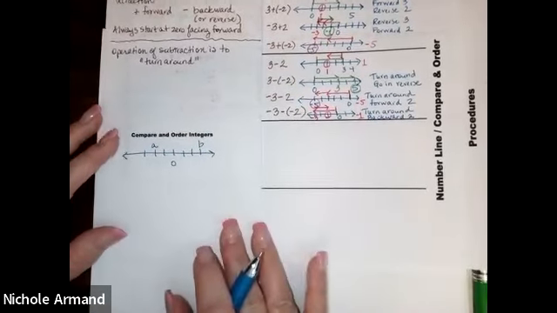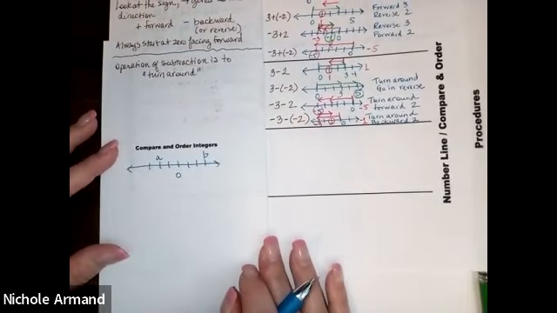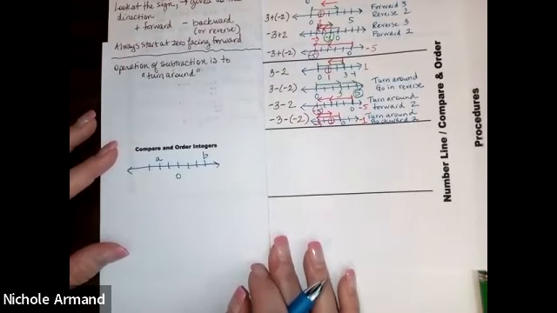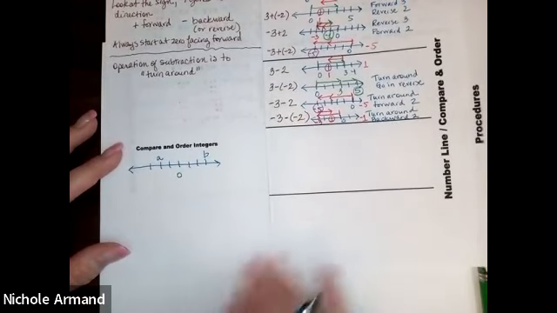And I just want to talk about how we are going to teach students to compare and order integers, because they are now signed whole numbers, positive and negative whole numbers, and 0.